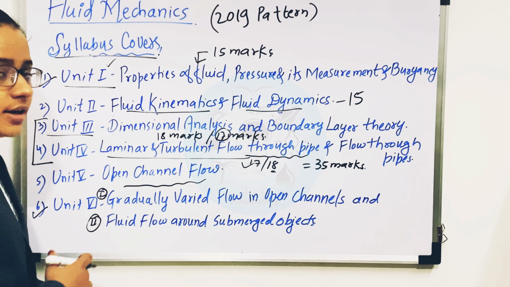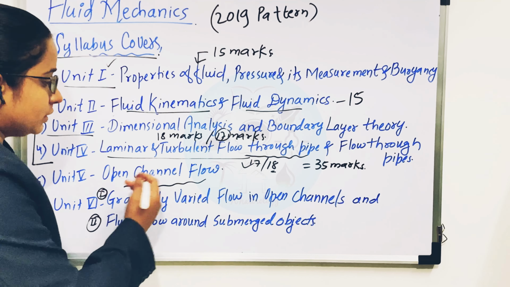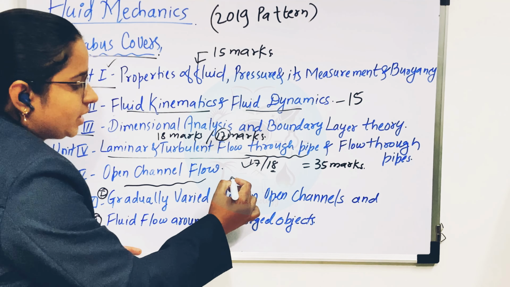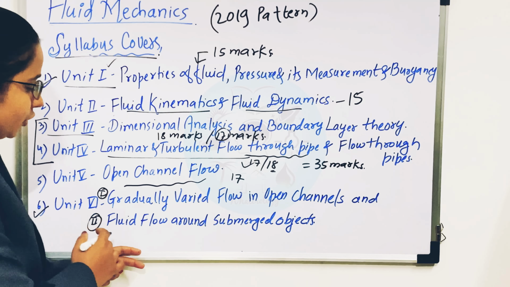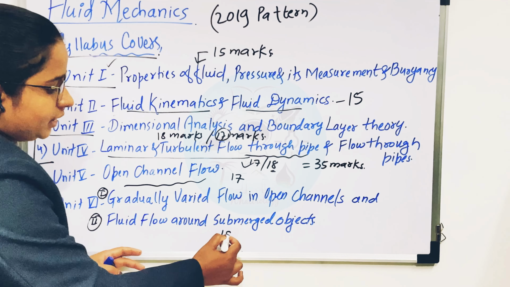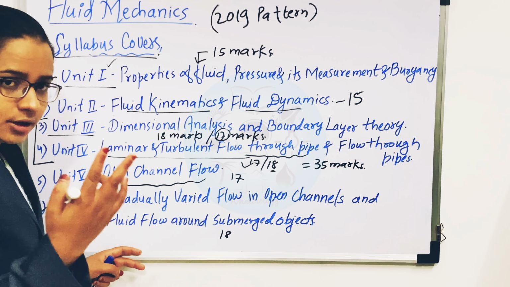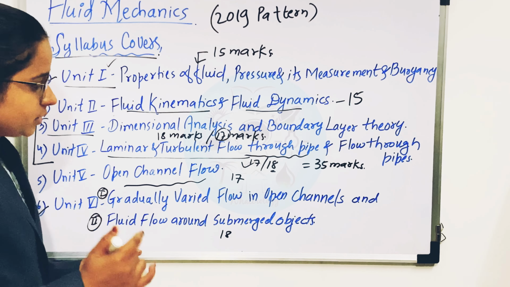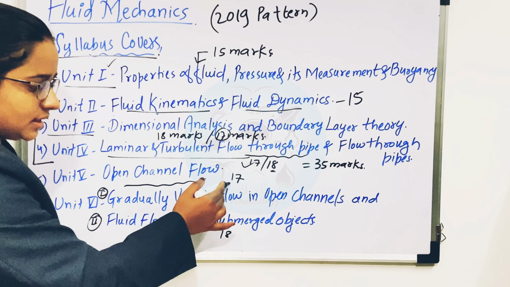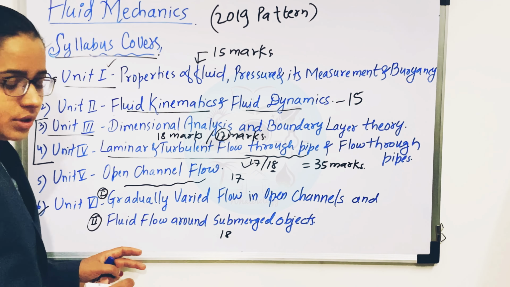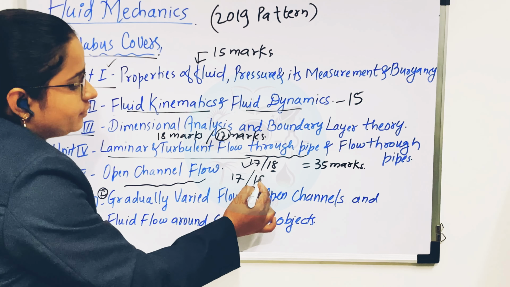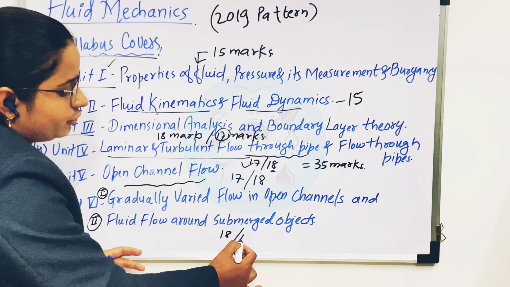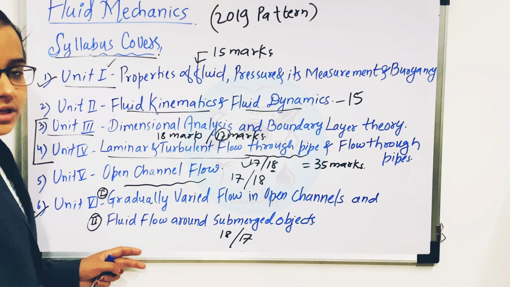As for the weightage of the last 2 units, in some cases it is similar to units 3 and 4. Suppose unit number 5 is for 17 marks, then obviously unit number 6 will be 18 marks. There are only 2 ways questions on these units will be asked: either 17 and 18 for the last 2 units, or if unit number 5 is asked for 18 marks, then of course the last unit will be 17 marks.